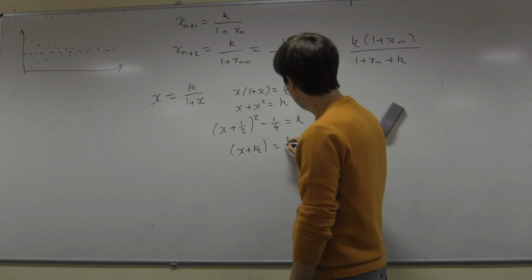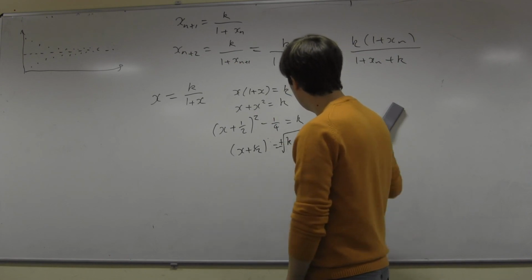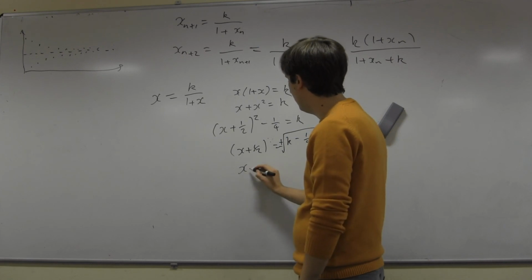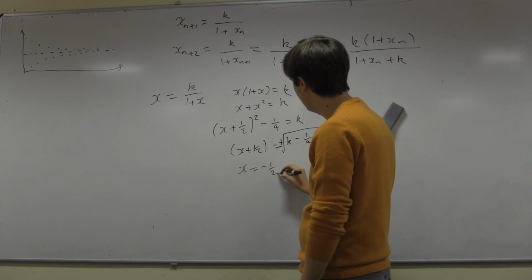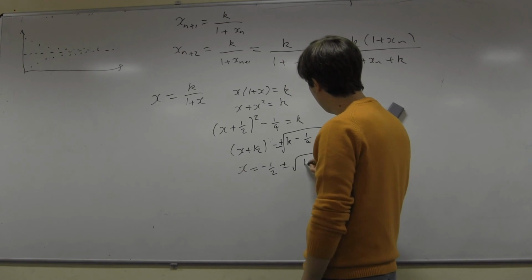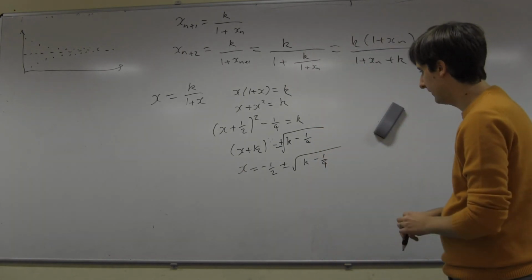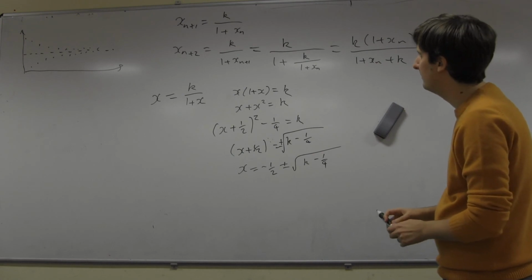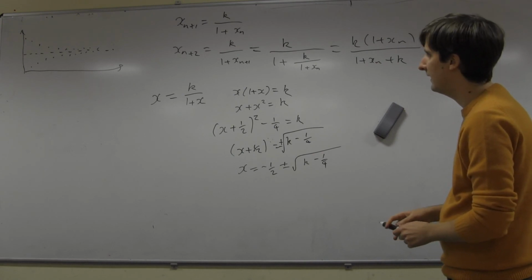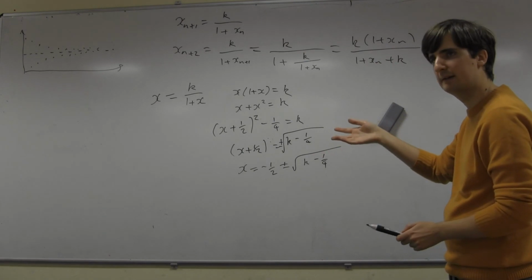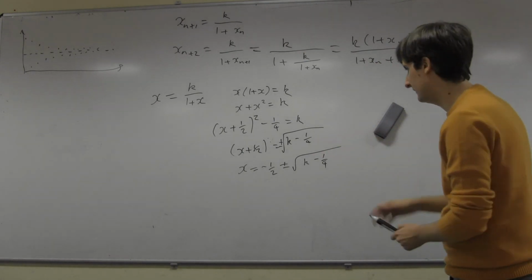So x plus a half is equal to plus or minus the square root of k minus a quarter. So x is equal to minus a half plus or minus the square root of k minus a quarter. We think that x is always positive. x started out positive, so we think it's probably always going to be positive.